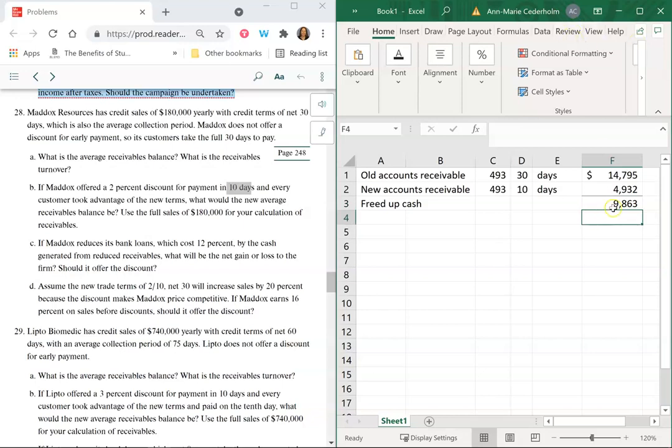Now, if we use that cash and pay down our bank loan, so we're paying 12% on that, then what I want to calculate next is the interest that I wouldn't actually have to pay because I'm going to have that money now. So the interest rate is 12%.